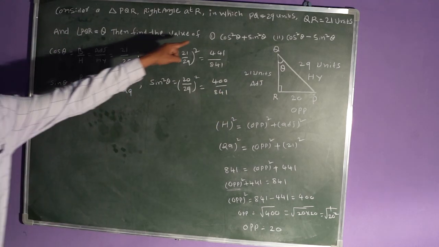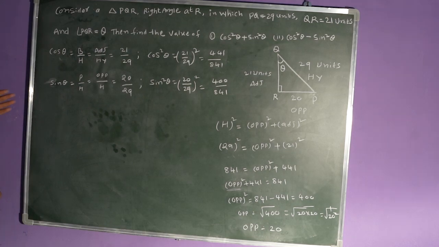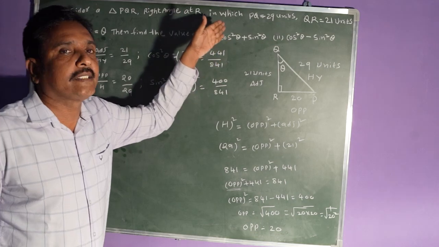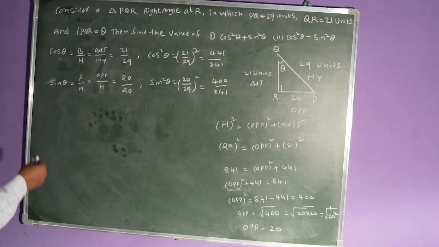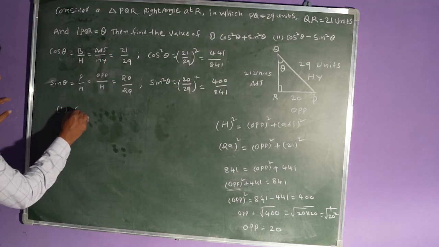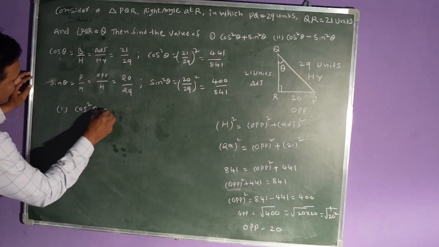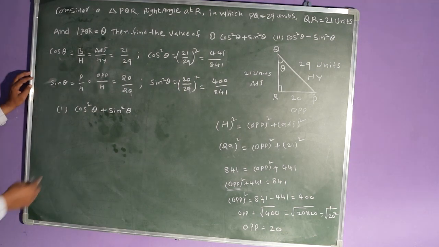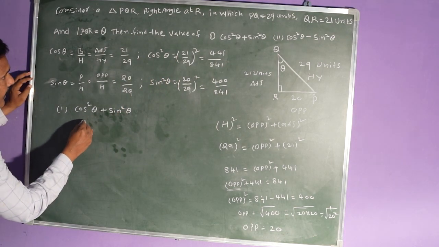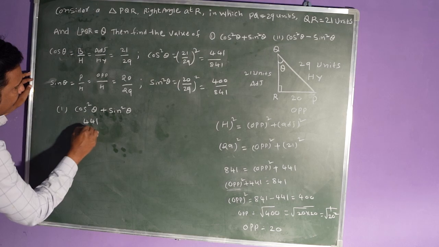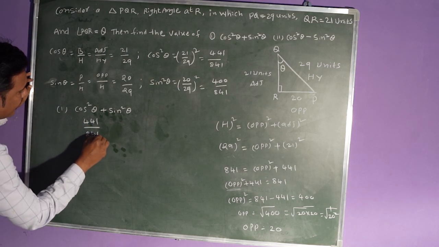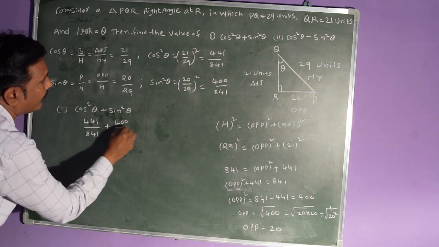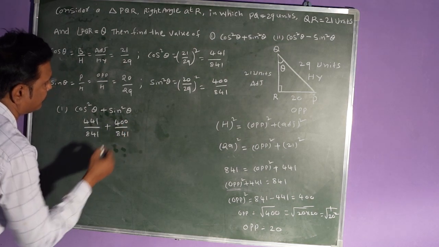First problem: cos square value is there and sin square value is there. Find cos square theta plus sin square theta. Cos square theta value is 441 by 841 plus sin square value is 400 by 841.